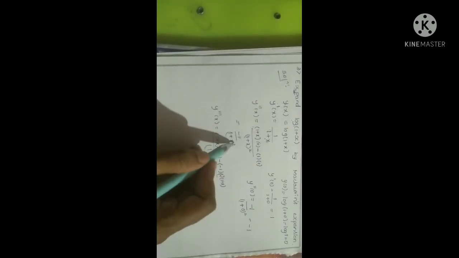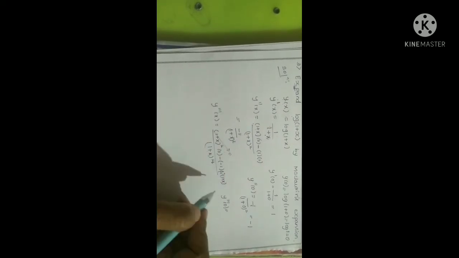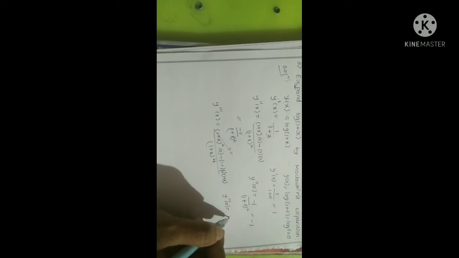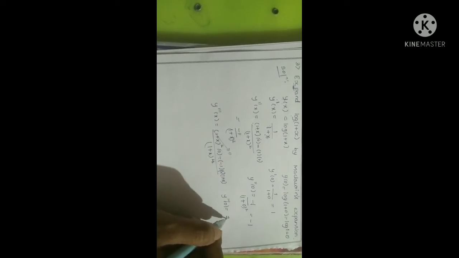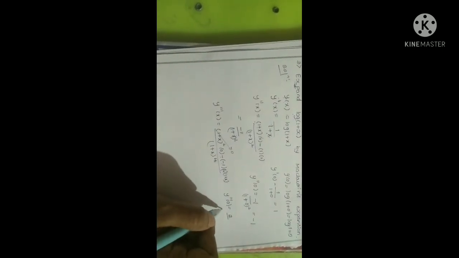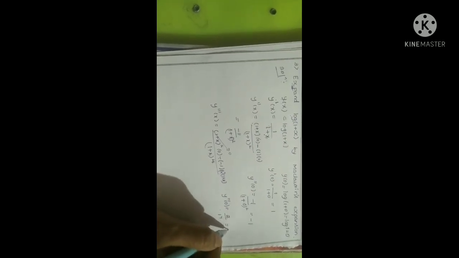That is, 1 plus x whole square squared is 1 plus x whole to the power of 4. y triple dash of 0 equals, first term is 0, minus into minus is plus, 2 into 1 divided by 1 plus 0 to the power of 4. The answer will be 2.